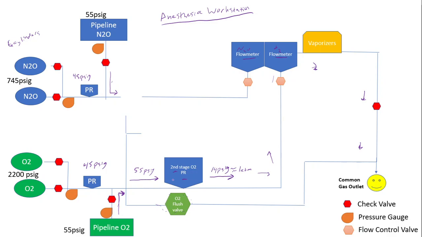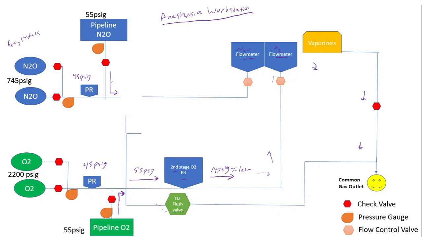The oxygen flush valve, located in our illustration right over here, allows direct communication between the oxygen intermediate pressure circuit, which is located around where our pipeline pressure is at 55 psig, and the low pressure circuit, which is where we are connected at 14 psig of oxygen.